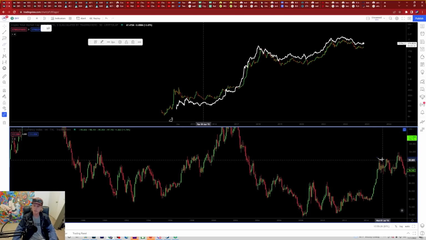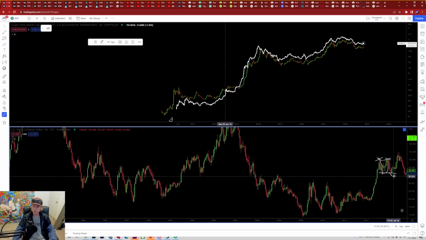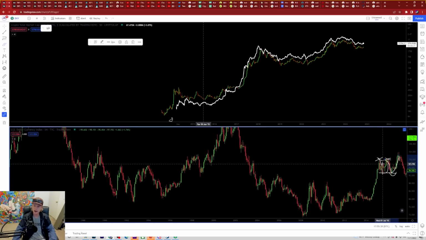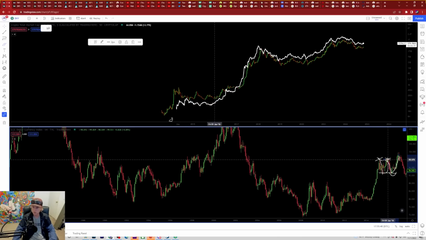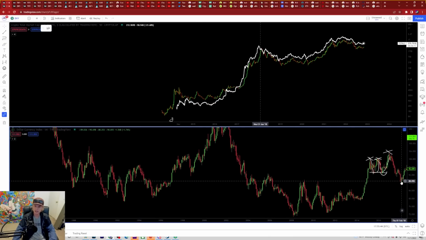Notice this pattern, how we make a high, we sell off, we find support here. We rally back up, retest those highs, get rejected, come back down, retest support again, and then we make one more attempt at a breakout. We actually clear the previous high's resistance, except it ends up being a bull trap, and then we sell off back down.